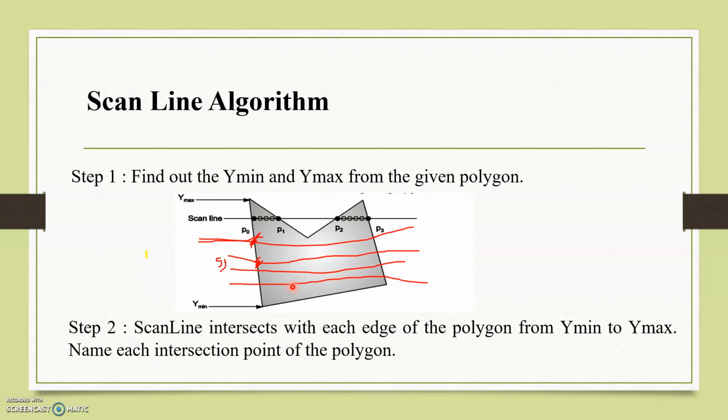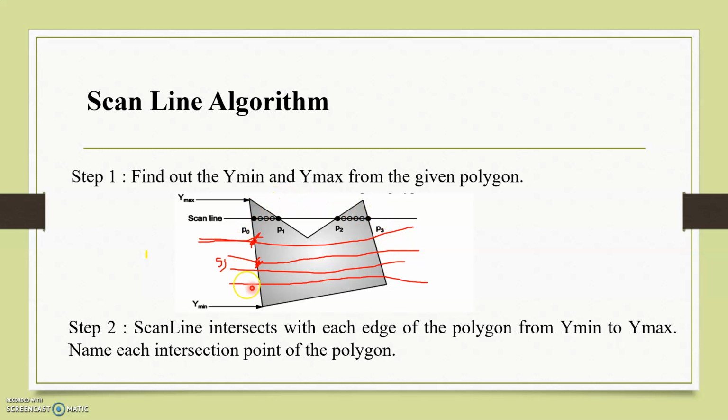Now let's go toward the algorithm. In your board exam, it can be asked like this: what is the scanline algorithm? Explain in detail. Then you have to write down this algorithm with explanation. Step 1 is to find the y-min and y-max from the given polygon.